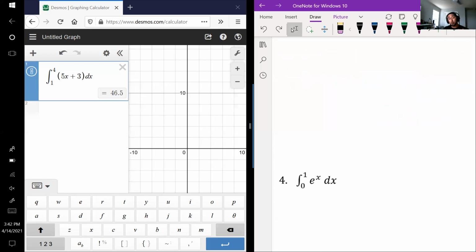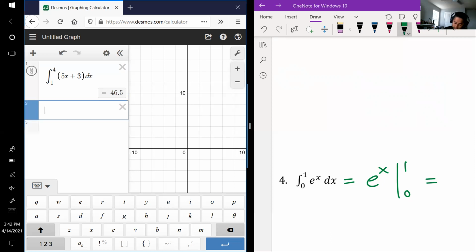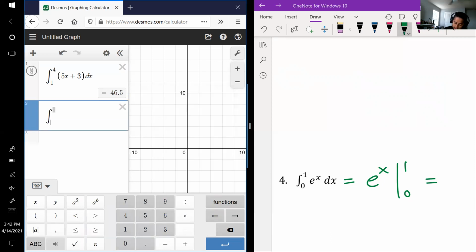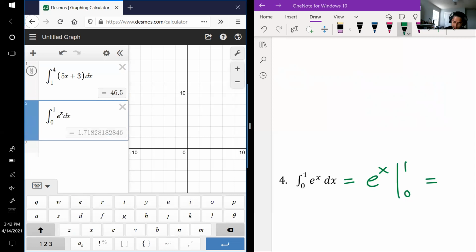So for the integral from 0 to 1 of e to the x dx, well, the antiderivative of e to the x is e to the x, which we evaluate from 0 to 1. And if I use Desmos, of course, I get the integral from 0 to 1 of e to the x with respect to x.